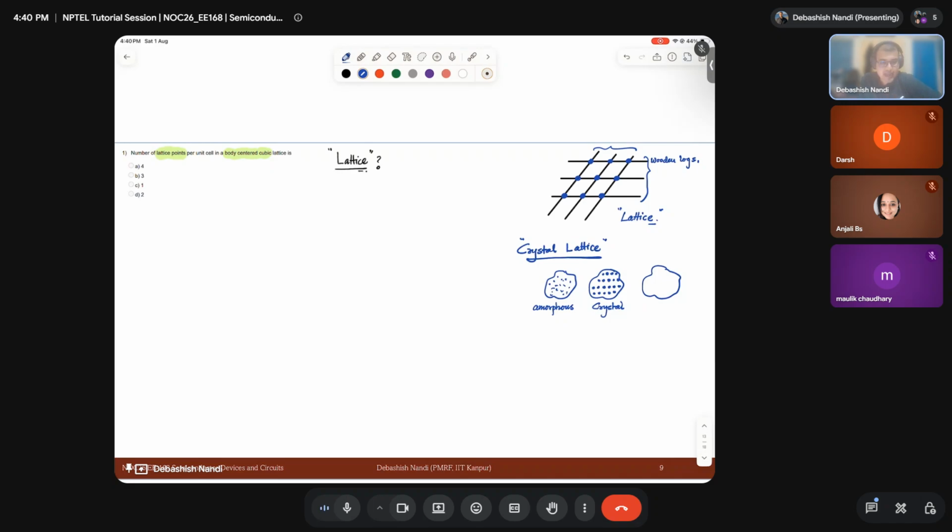And then if I have some well defined regions, with well symmetry and order in these regions, but the order in one region does not match with the order in another region, then these are called polycrystals or polycrystalline materials.